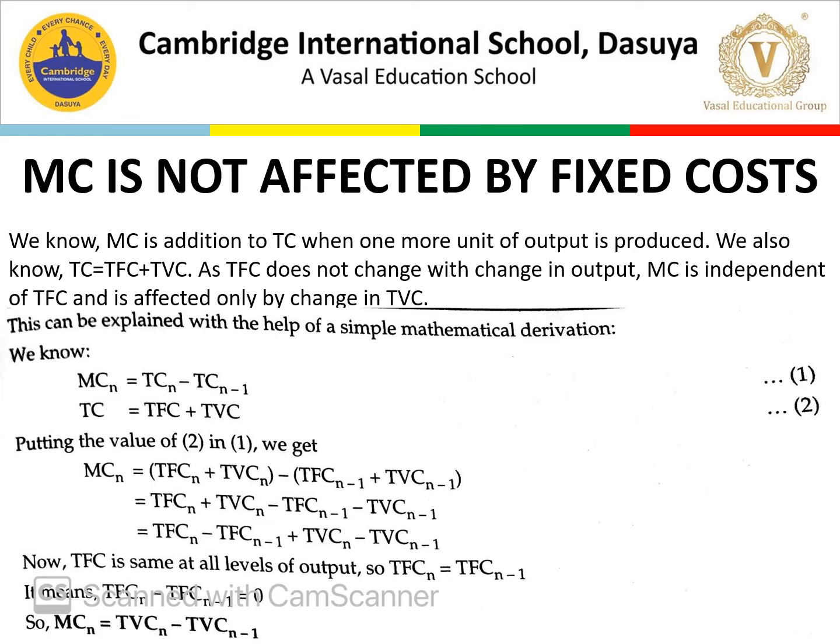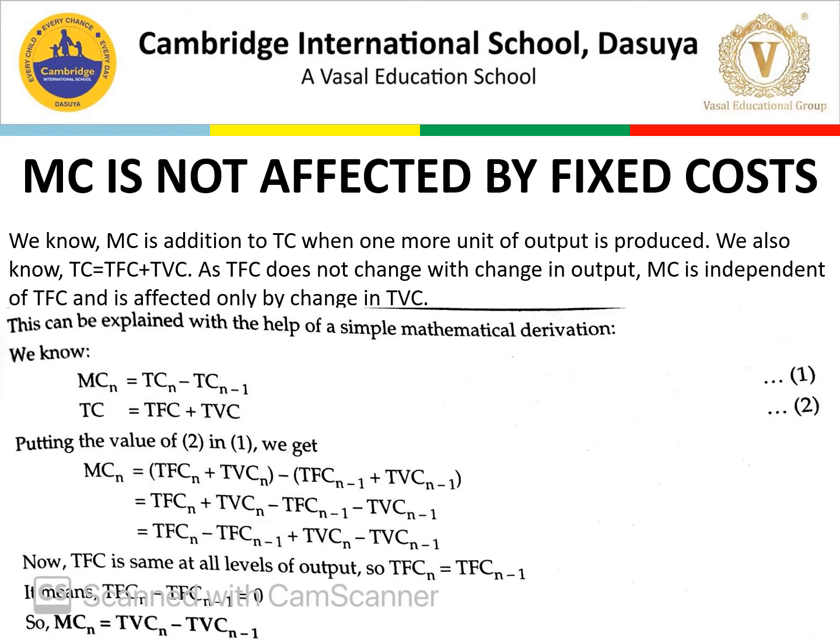What we are getting in the end is that TFC is the same at all levels of output. So TFCn is equal to TFCn minus 1, which means TFCn minus TFCn minus 1 is equal to 0.